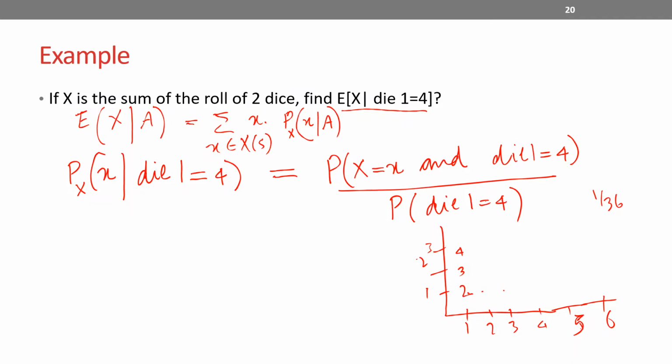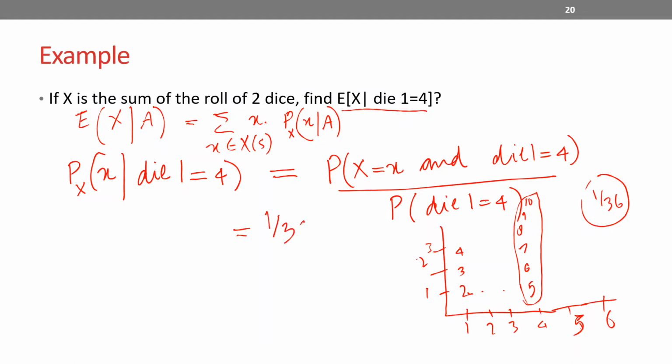And we are interested in this here, right? So we are interested in 5, 6, 7, 8, 9, 10, right? So we are interested in this particular column and these set of values. So these are our x's, right? But each x has the probability value 1 over 36. And so the probability of X equals x and die 1 equals 4 is still 1 over 36, right?